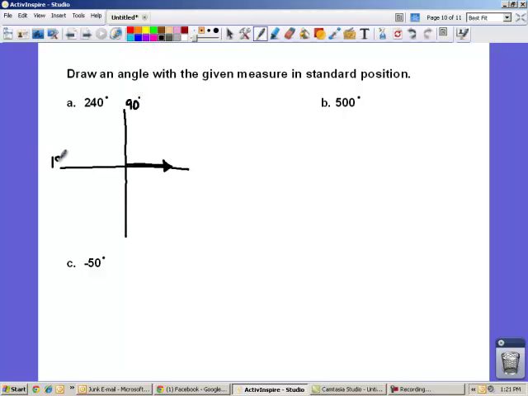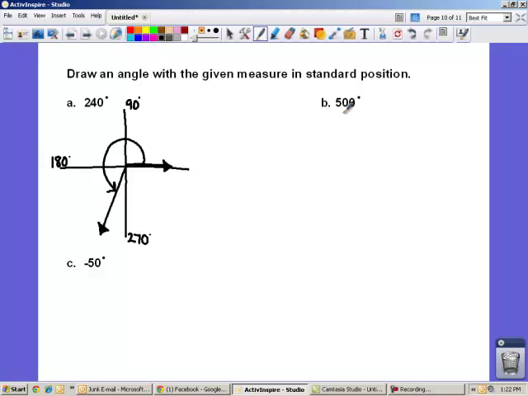This is 180. And this is 270. So we're going to go to 240, like right in here somewhere. So we're going to draw an arrow, fill it in. And then we're going to draw that one curve going all the way to this line with an open arrow. So that lets somebody know that we're talking about the entire angle all the way to here.